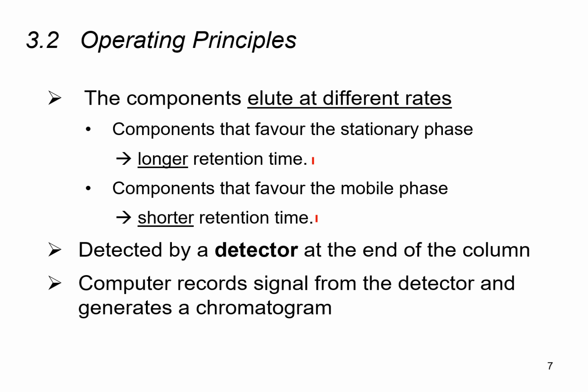These have to be read by a detector. So the detector will see that a chemical component is leaving the column, and therefore it will generate a peak on the chromatogram so that we know that there is a chemical component present at that point in time with that certain retention time.